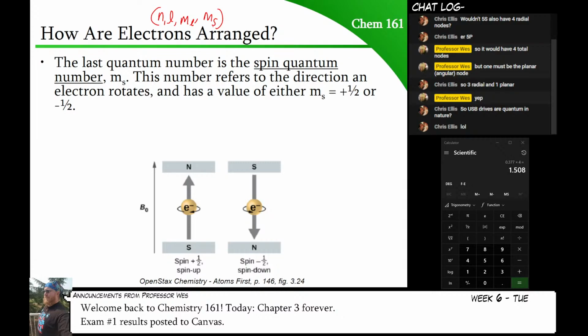And that magnetic component can go in one of two orientations. It can go spin up, where we arbitrarily assign north as whatever direction we want to call up. And then we can have spin down, which is where the electron orients the other direction. This is all going to be relative to a magnetic field.